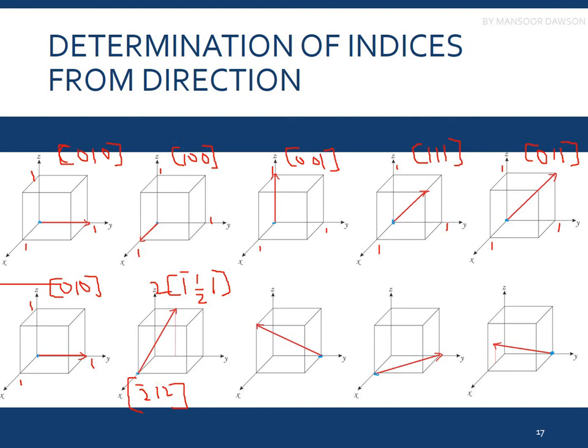Okay. Then we have this 8th direction, in which you can see that the origin is shifted in the y direction. So it is moving one in the y and one in the x. So x would be 1, y would be 1 as well, but in the negative part, and z is also moving in the top direction, so it is also 1 in the z.